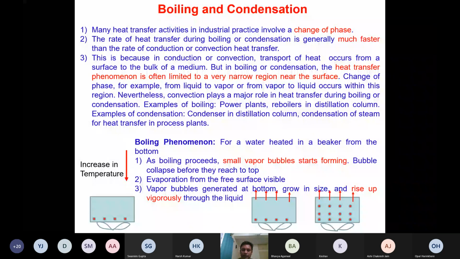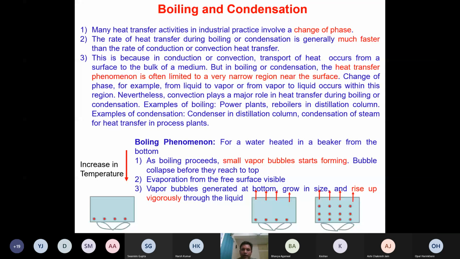The reason behind that is, in typical conduction and convection, the heat transfer takes place from the surface to the bulk, whereas in boiling and condensation, the heat transfer is mostly restricted to a very small region near the surface, and therefore the heat transfer is much higher compared to the usual conduction and convection.